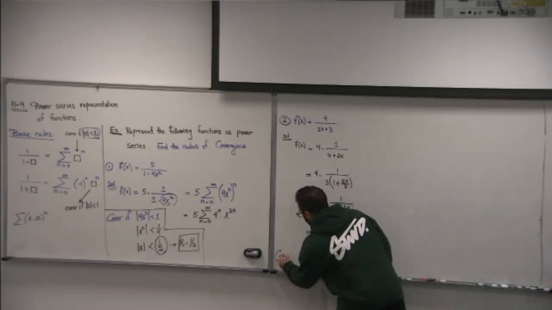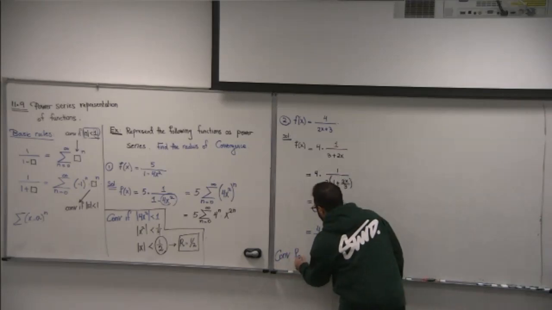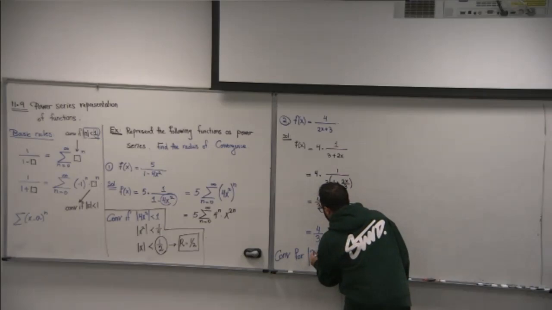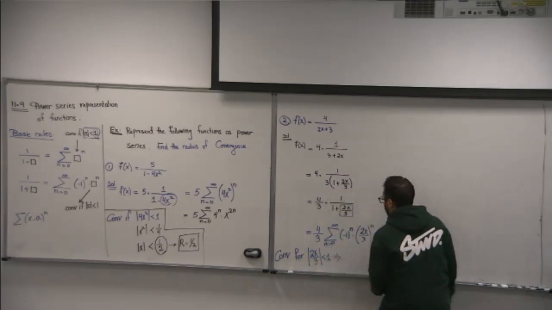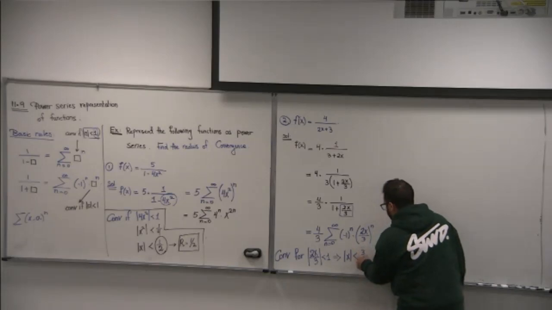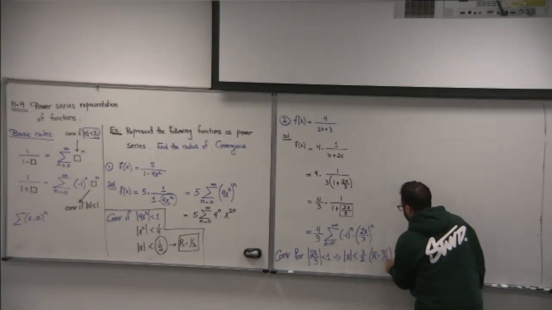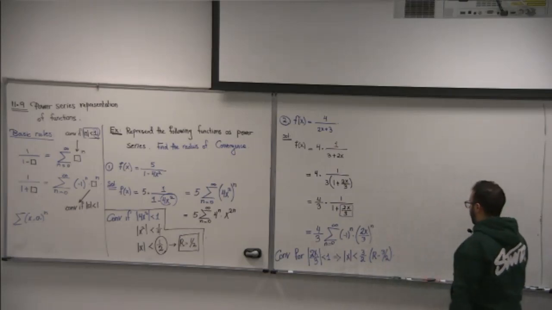I cannot find it immediately. I should say it converges for absolute value of the thing inside the box less than 1. Multiply by 3 and divide by 2, so you get absolute value of x less than 3 over 2, and that's exactly the R.